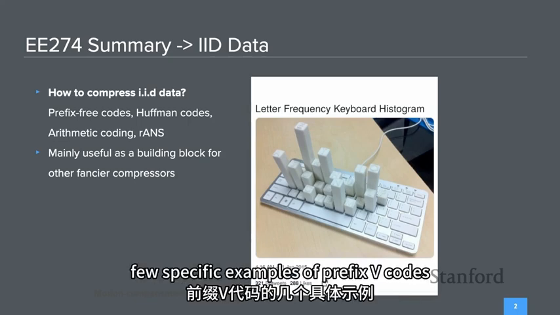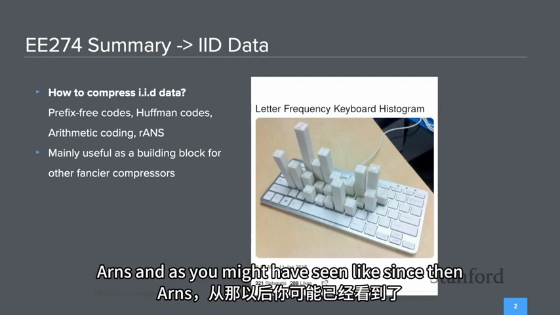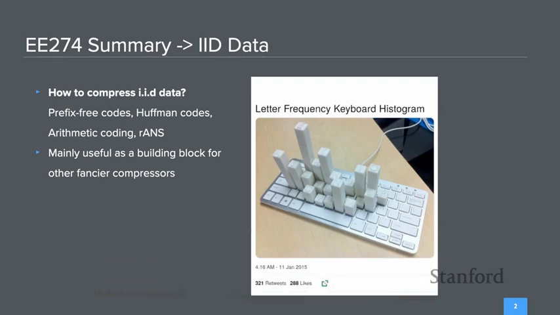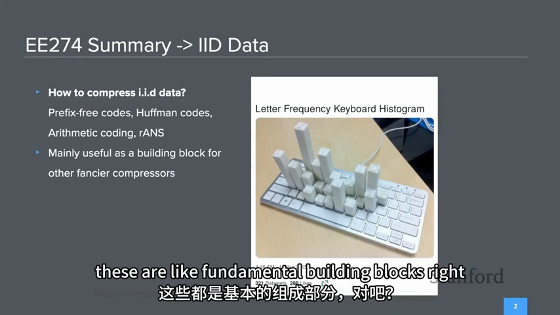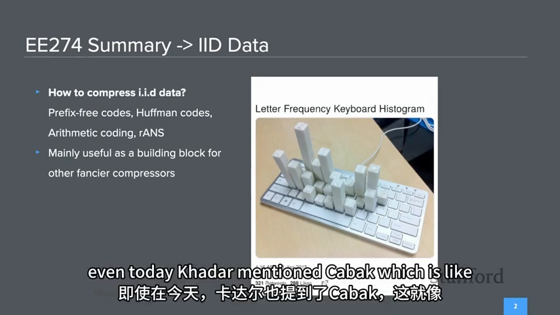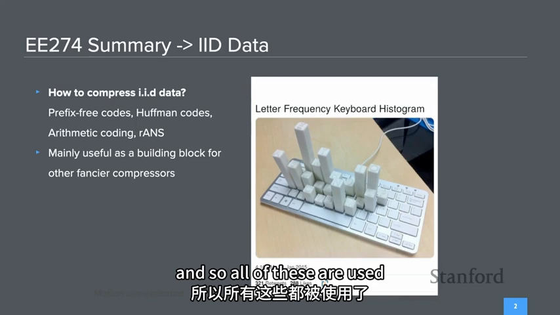We looked at a few specific examples of prefix-free codes: Huffman codes, arithmetic codes, rANS. And as you might have seen, since then, both in the first half and in lossy compression, these are fundamental building blocks. Even today, Kedar mentioned CABAC, which is a very efficient arithmetic coder, and so all of these are used.